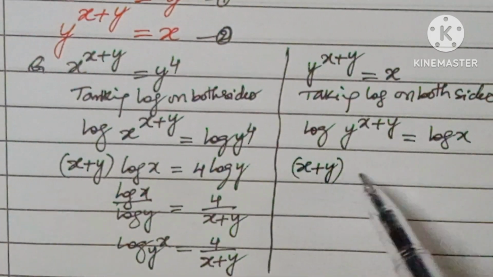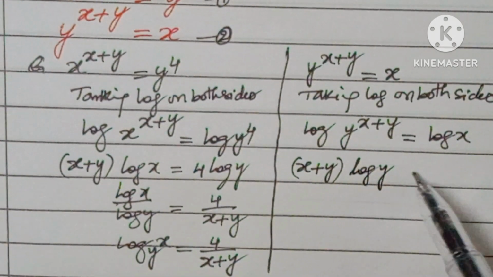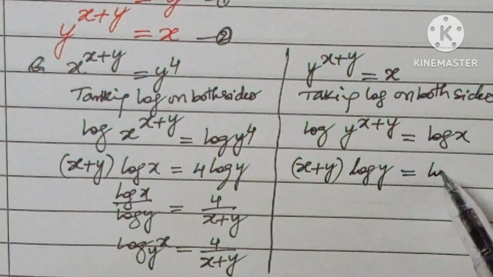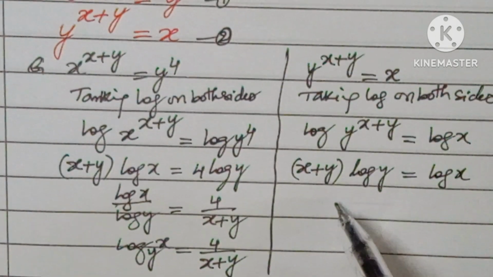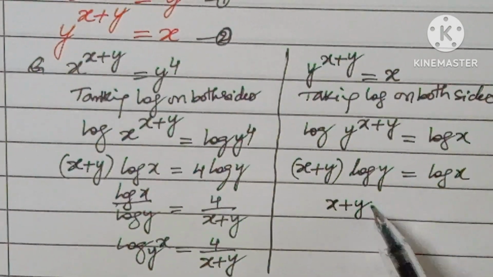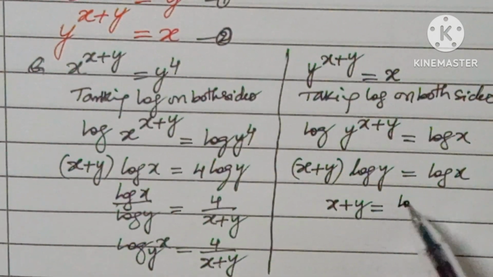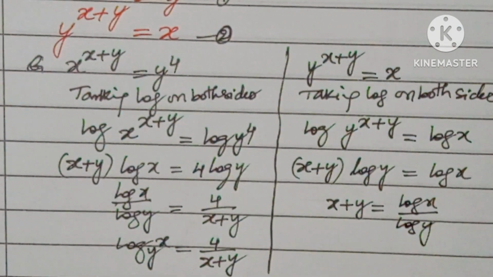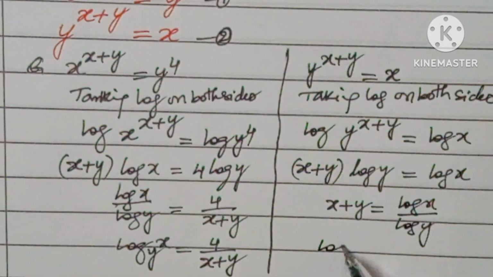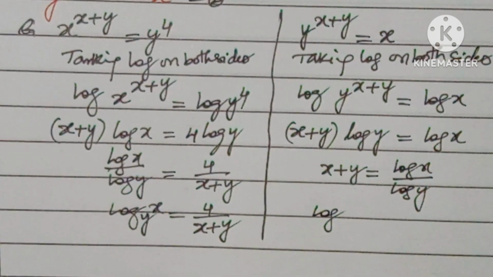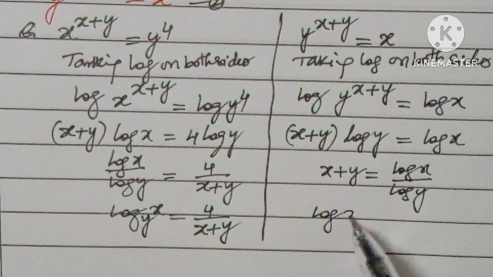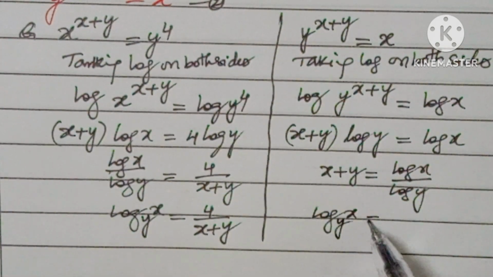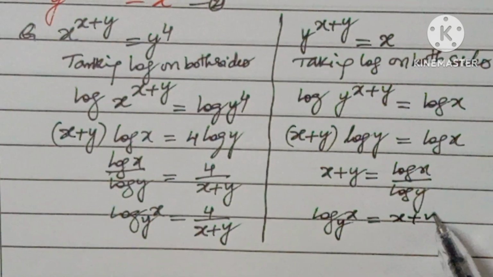So x plus y into log y is equal to log x, and x plus y is equal to log x by log y. Here also we'll get log x base y is equal to x plus y.